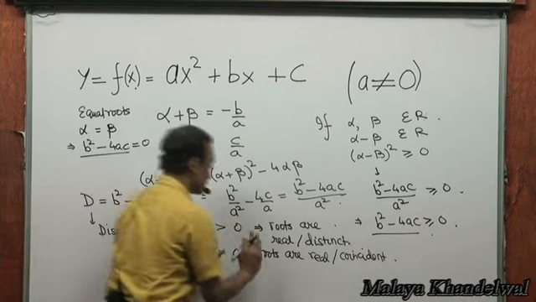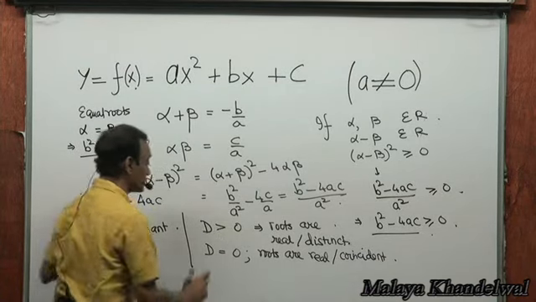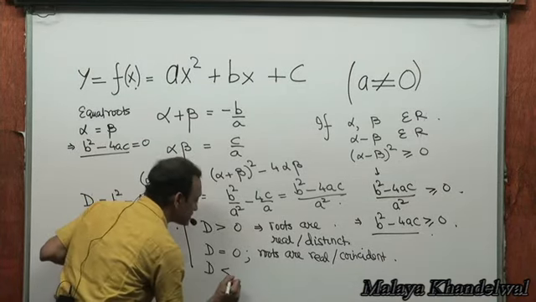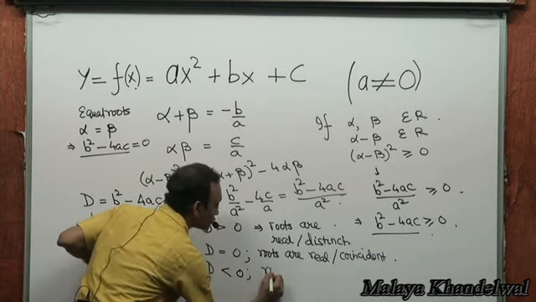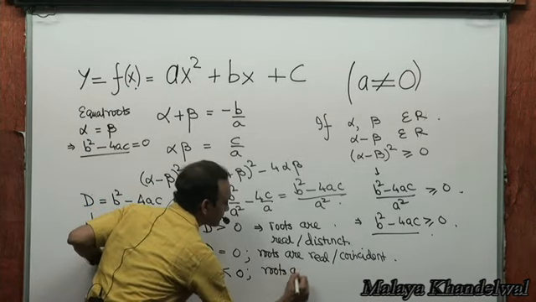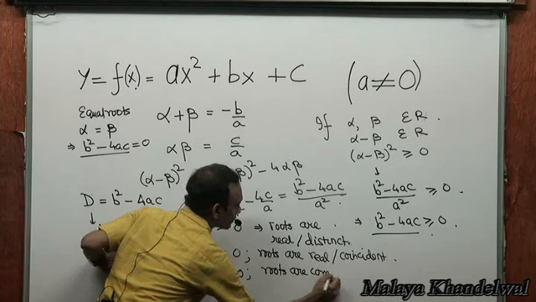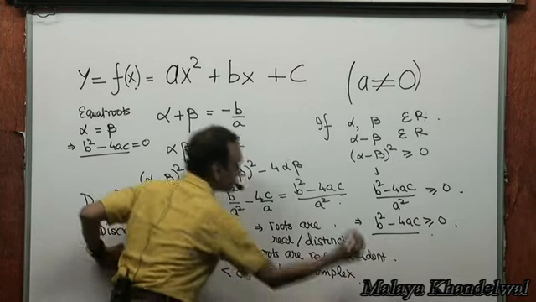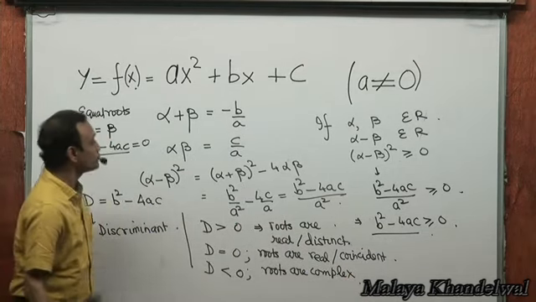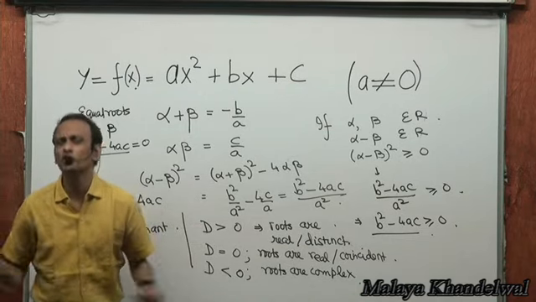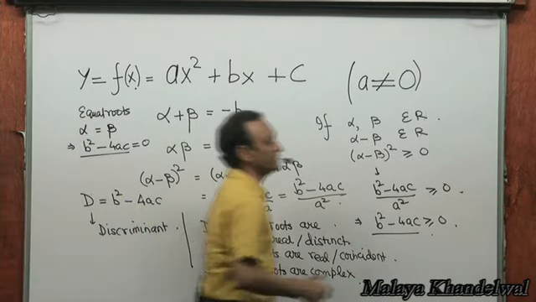At least roots are real. If a, b, c are real, then the roots would be real. If the discriminant is less than 0, then roots are complex, assuming a, b, c are real numbers. So this was a quick recap of things that you've already learnt in the past.